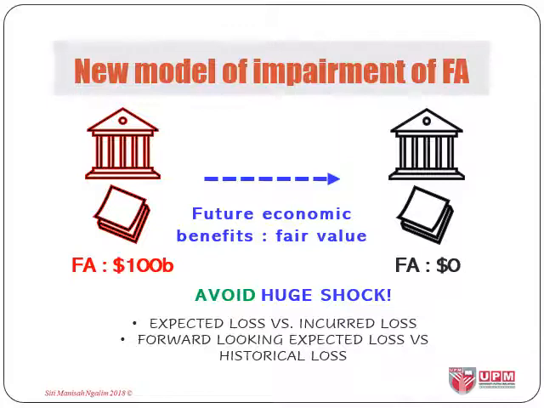And this is what we term as forward-looking expected loss. The good thing about this is the shock, if any, would be minimized and not abrupt, as we are gradually reducing the value of the financial assets by recognizing the expected future loss, termed as expected credit loss, ECL.